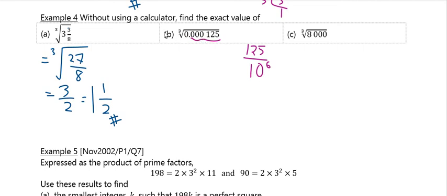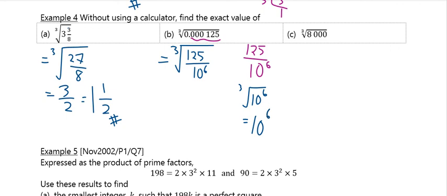0.000125 again. So here, split this up. It will become like this. And just as a small side note, cube root of 10 power 6 is basically 10 power 6 times 1/3. So here you will get 10 power 2.